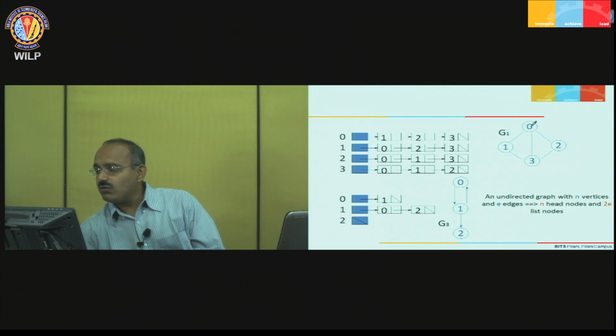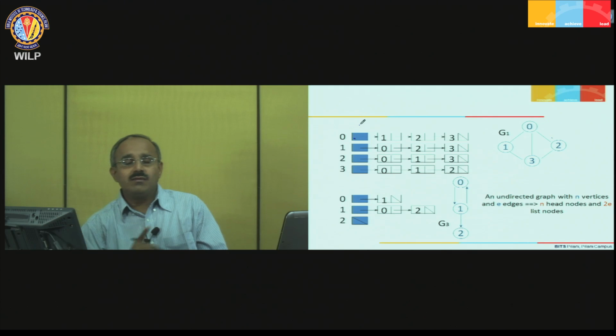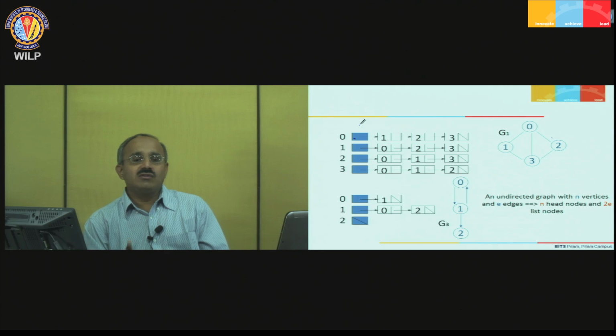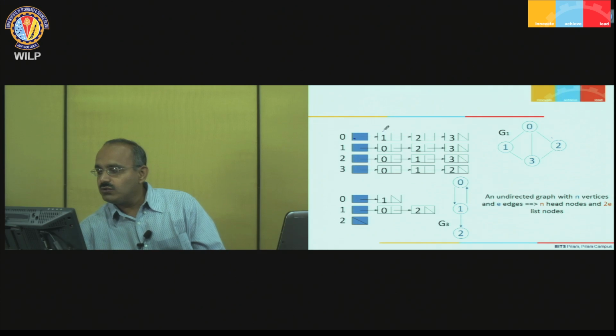So, we see 0 is adjacent to 1, 3 and 2. So, at 0 we maintain a linked list, which will have all nodes which are adjacent to 0. So, 1, 2, 3 are adjacent, whereas if I look at 3, it is adjacent to 1 and 2 or 0.